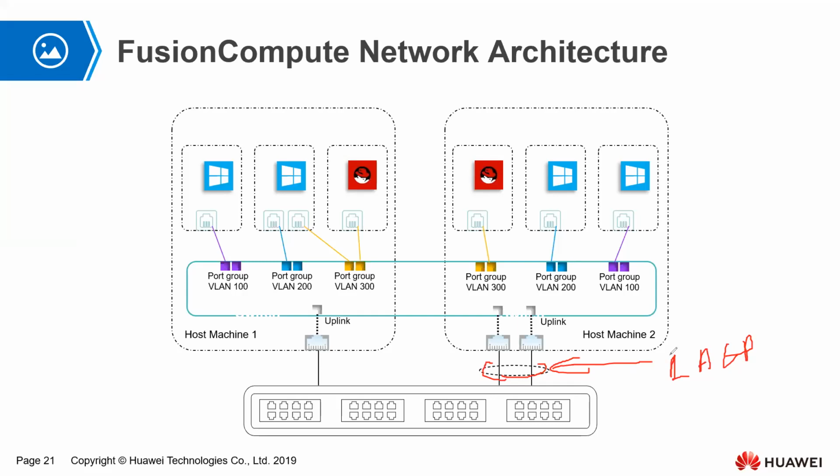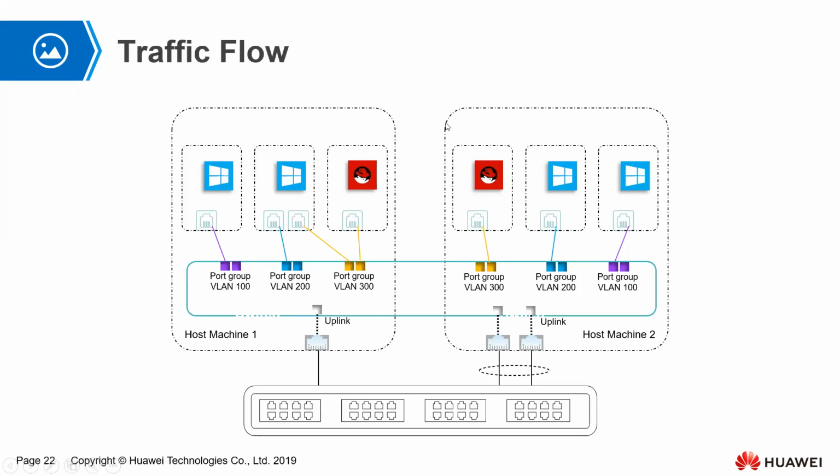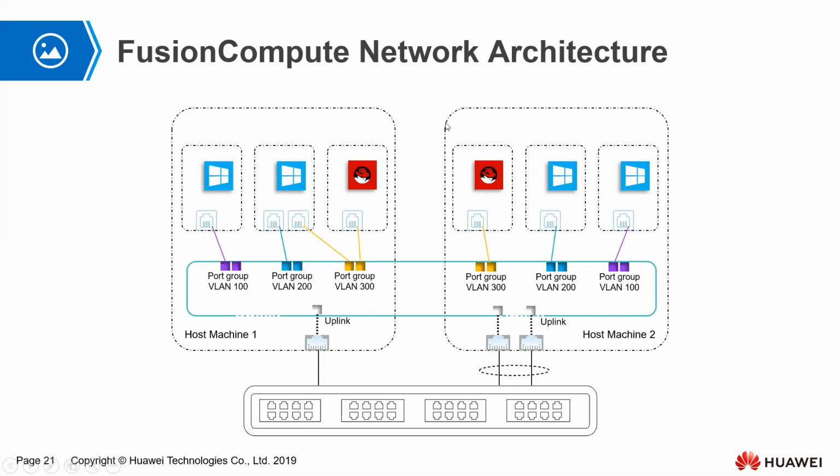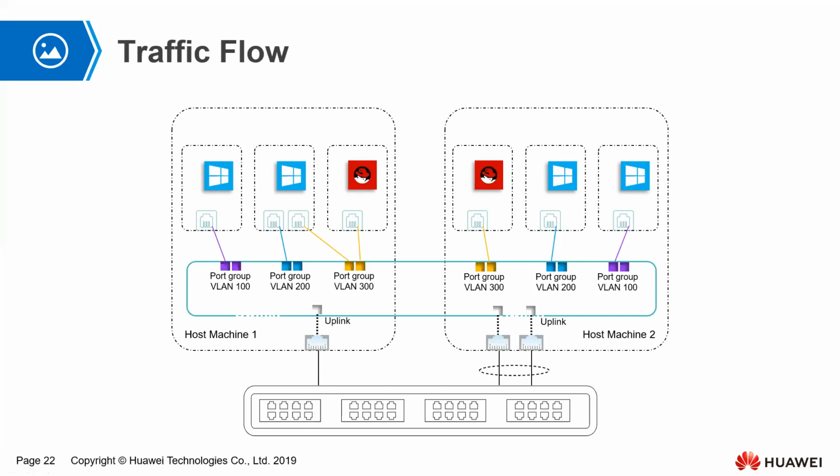Link aggregation control protocol. And why do we configure it? More bandwidth, reliability, and load balancing. So port bundle. Okay, so let me play the animation.